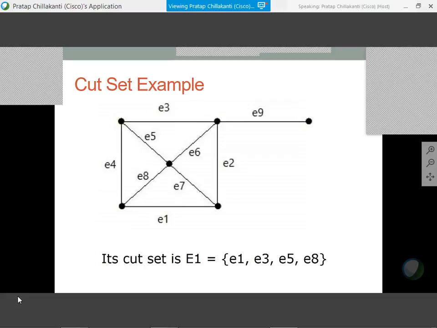So the minimum cut set here really is 1, E9. If I remove that edge E9, I don't have to remove the cut set E1, E3, E5, and E8 to get a disjointed graph. I could have just removed E9 and I would have gotten a minimum cut set.